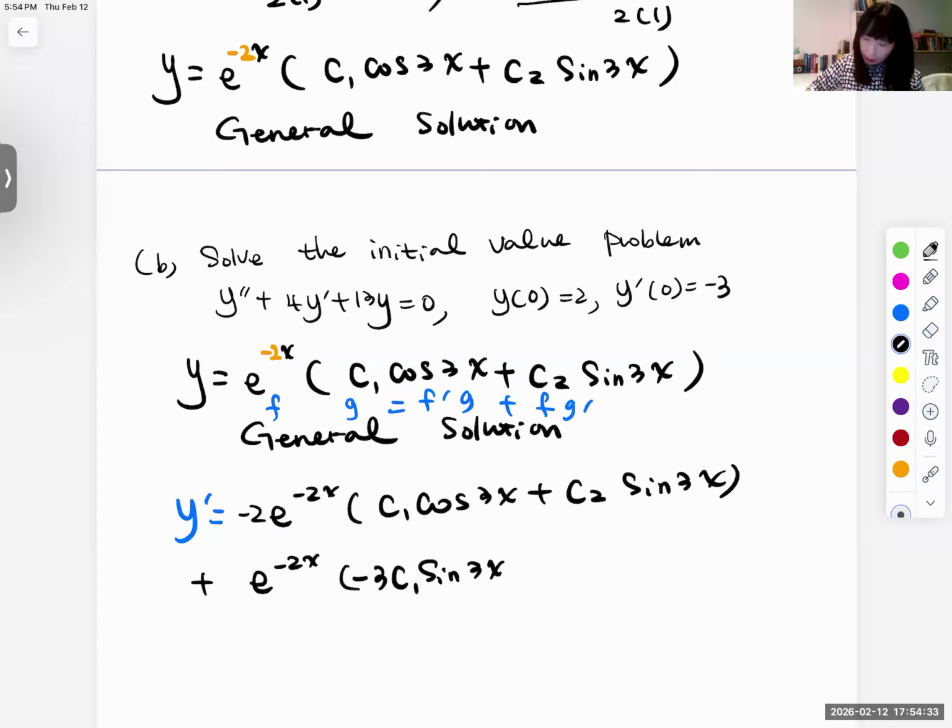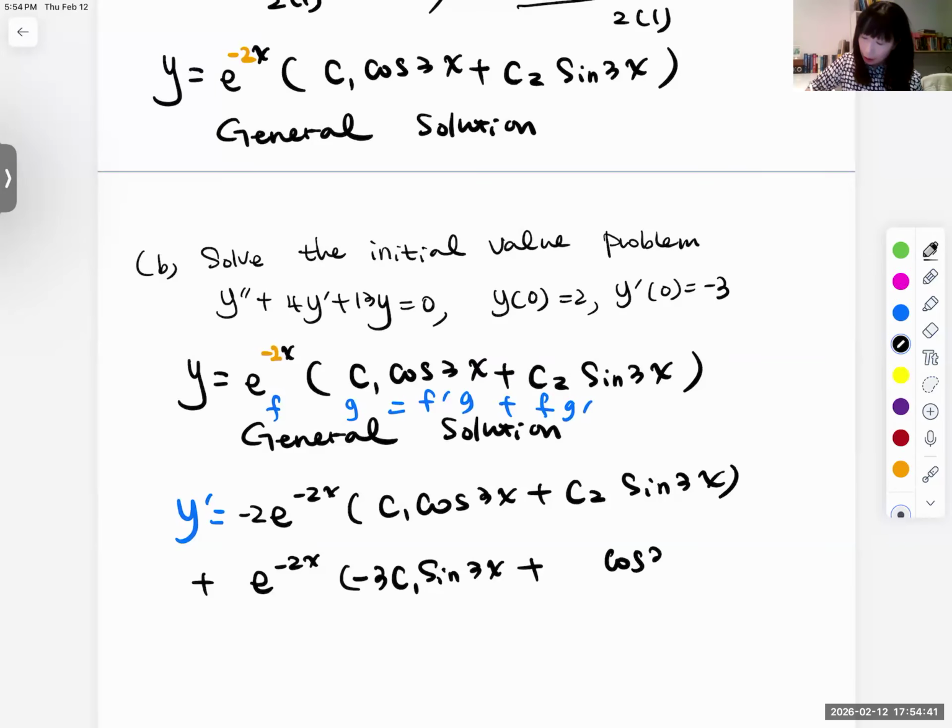And plus the second term, so derivative of sine is cosine 3x and 3 c sub 2.